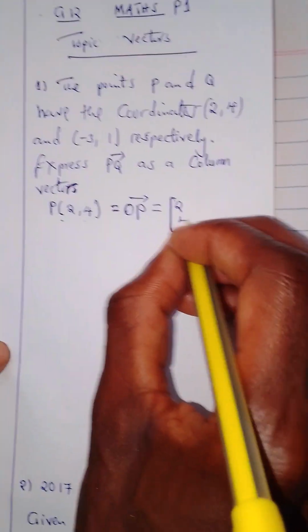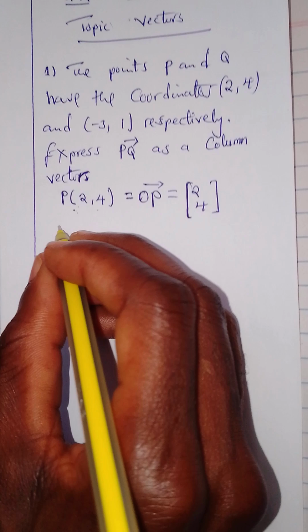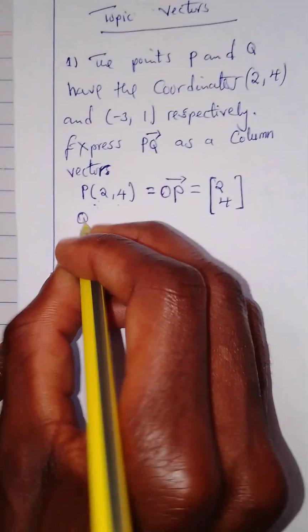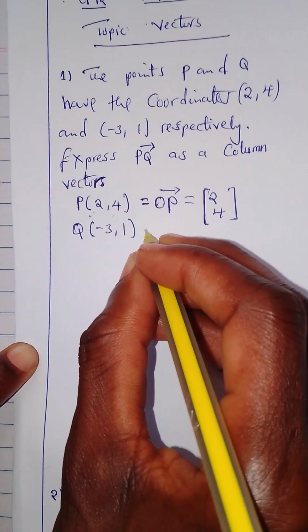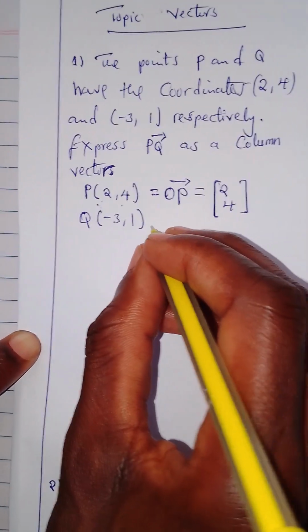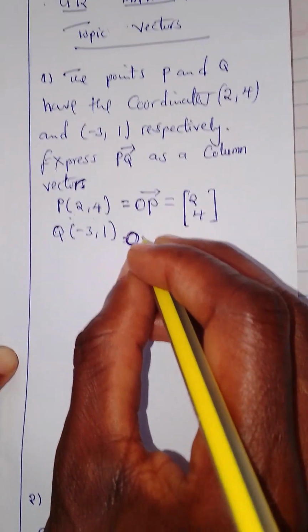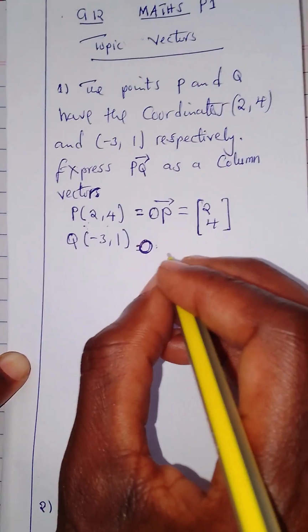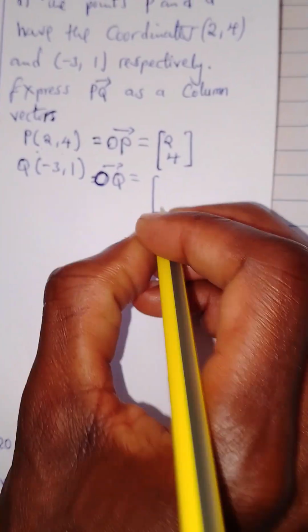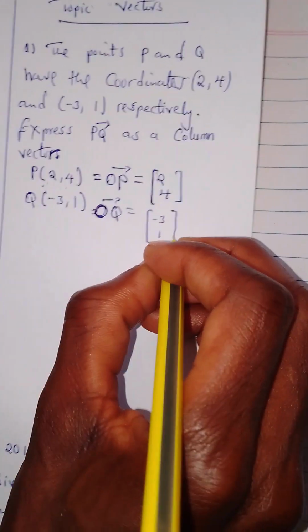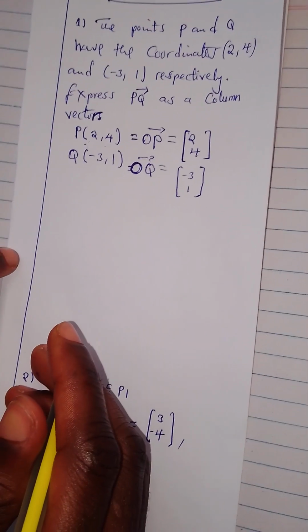We also have point Q, which is (-3, 1). We should also write this in column form, so vector OQ is equal to (-3, 1), meaning we have converted these coordinates to column form.